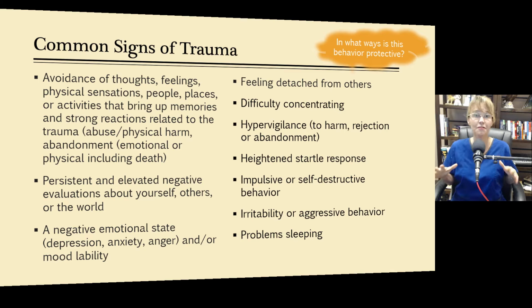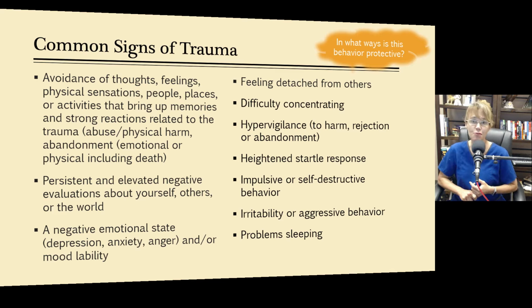When you are hypervigilant, constantly scanning for any indication, any micro expression of harm, rejection, or abandonment, it's going to be hard to concentrate because you've got all the stimuli coming in and you're constantly scanning. You don't feel safe. Hypervigilance happens because that's the brain's way of trying to tell the person you're not safe, you need to be on guard.